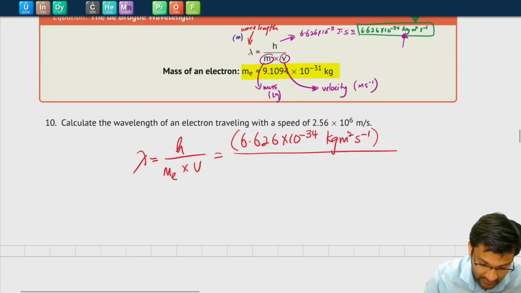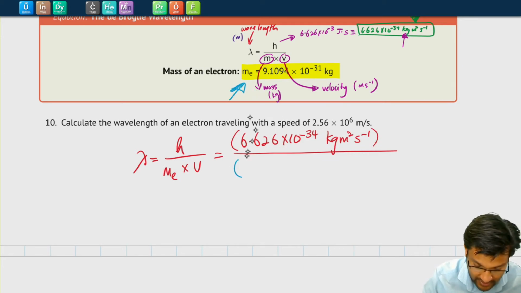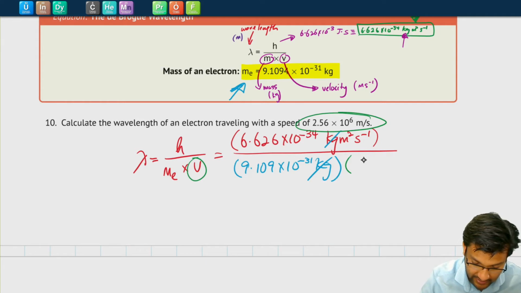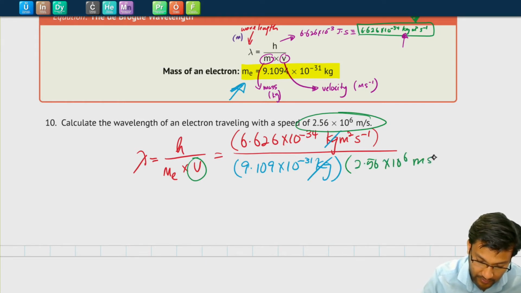Divided by the denominator, the mass of the electron, we know it's from up here, 9.109 by 10 to the minus 31 kilograms, such that kilograms will cancel out there, multiplied by the velocity of this electron, which is in meters per second here, 2.56 by 10 to the 6 meters per second.